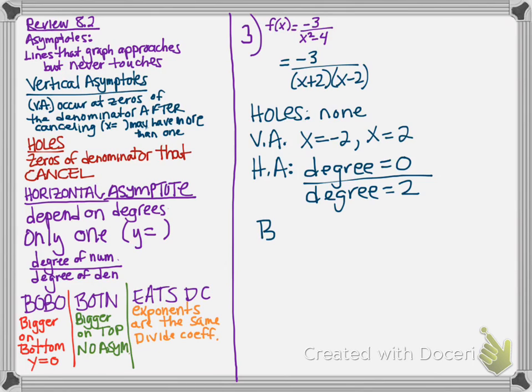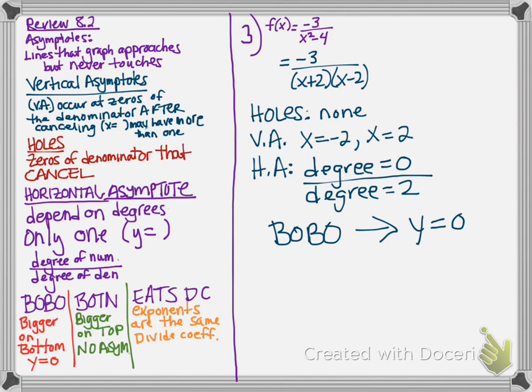So this is bigger on the bottom. That means that you have... No, I messed up, didn't I? That's bigger on the top. Bigger on the bottom, Bobo. Bigger on the bottom means y equals 0. So that's our horizontal asymptote.